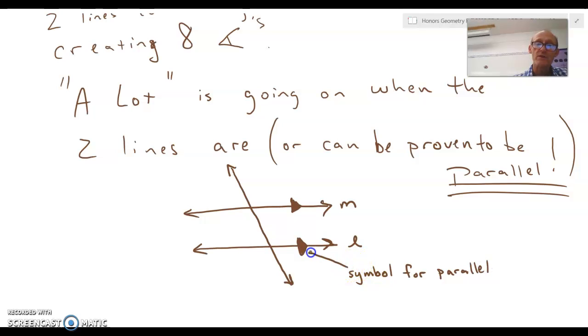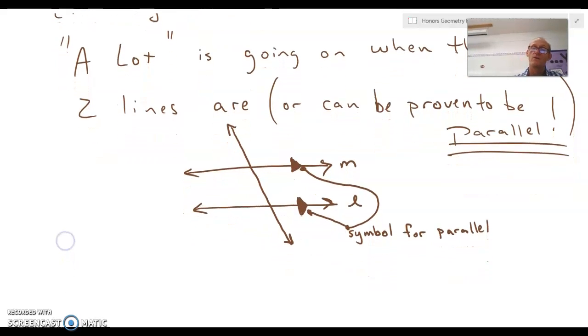Okay? There's here and here. Now, the notation for parallel is sort of two slash lines like that.